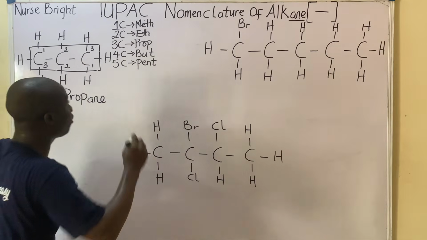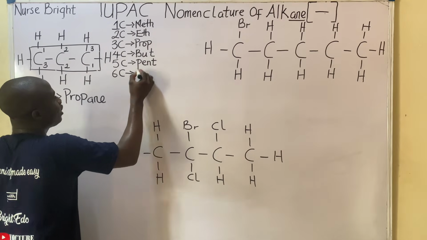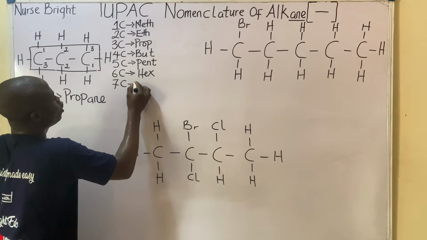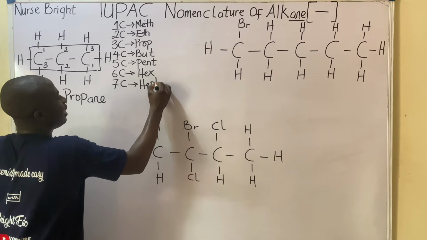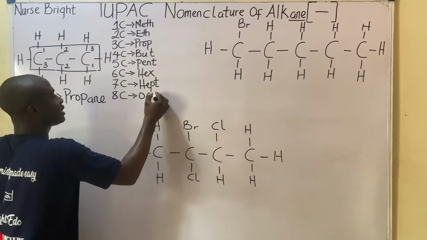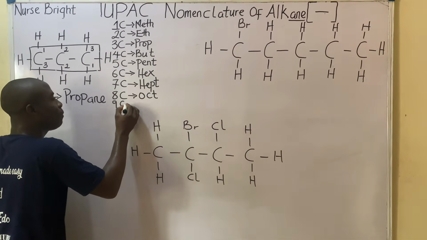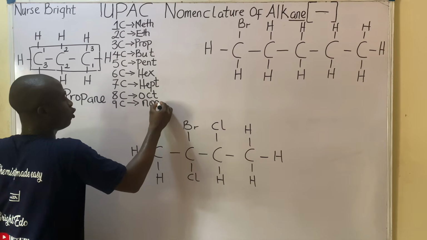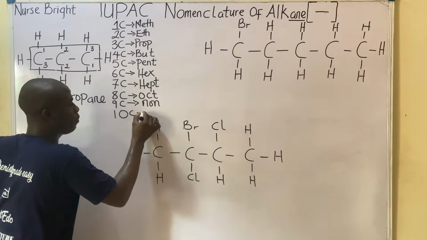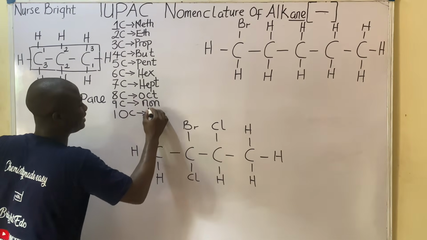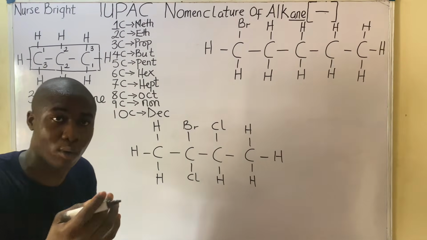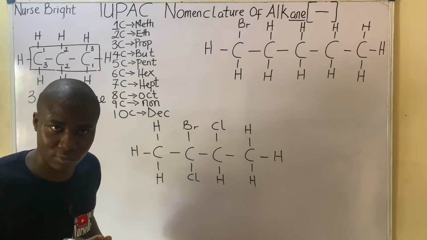A 6-carbon organic compound should be called hex. A 7-carbon organic compound should be called hept. An 8-carbon organic compound should be called oct. A 9-carbon organic compound should be called non. And lastly, a 10-carbon organic compound should be called dec. So this alone will help us to name other compounds we'll be solving in the course of this video lesson.